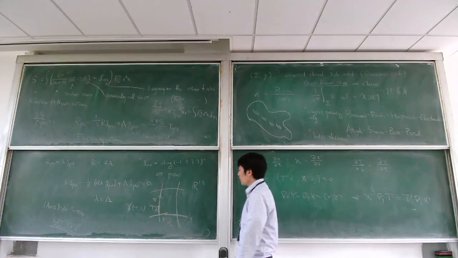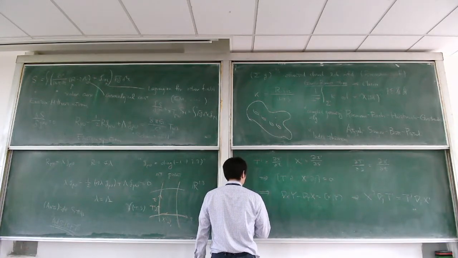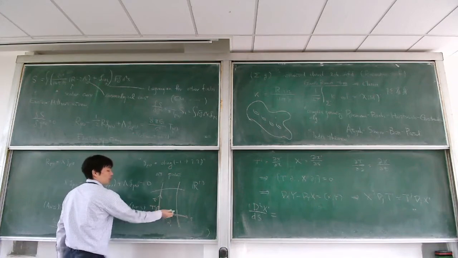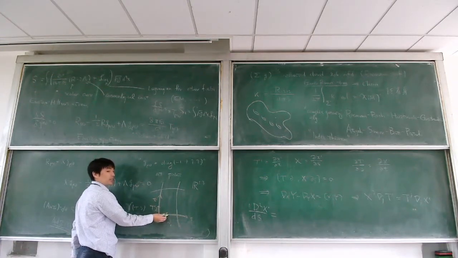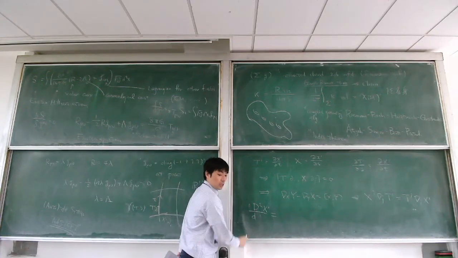And what we are interested in is the acceleration of this spatial vector. So this is a spatial vector, and we would like to understand acceleration along d t squared.